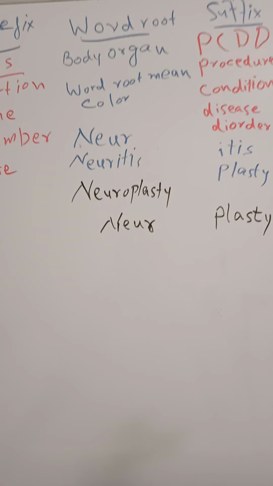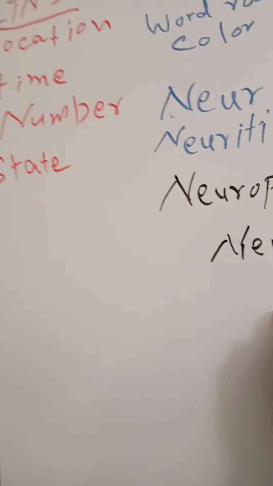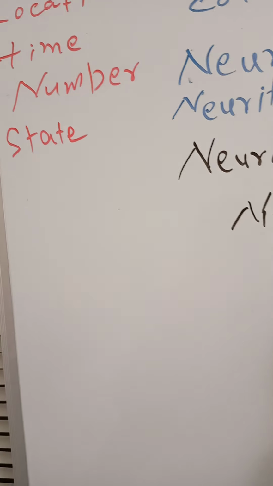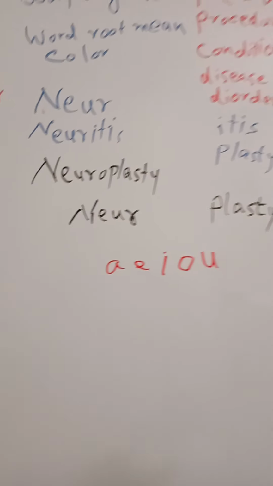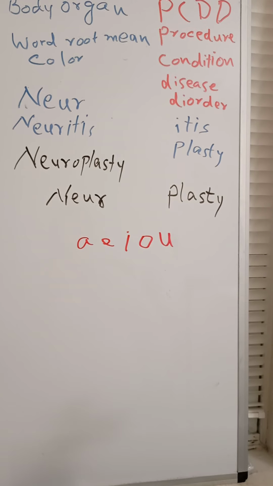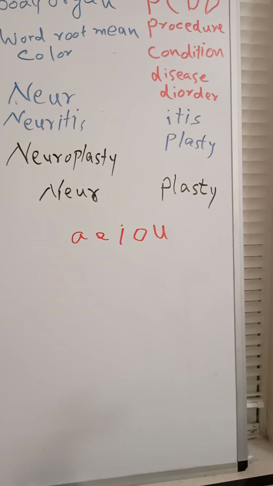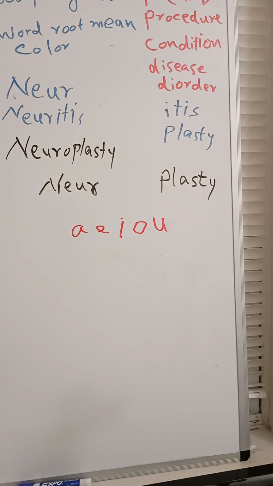There are 5 vowels which we use to combine word root with the suffix. They are A, E, I, O, U. These are 5 vowels. All other alphabets are consonants.